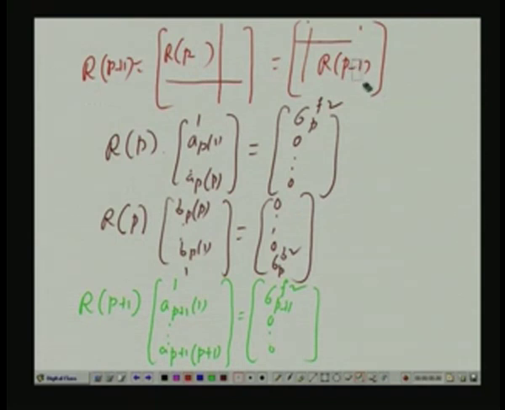This p is replaced by p plus 1. Now, suppose I first propose a solution like this, that can the solution be of this type 1 a p plus 1 1 dot dot dot a p plus 1 p. This is the unknown vector in this equation.